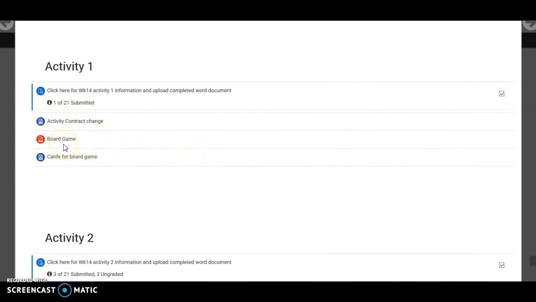The first activity is a board game, but in effect, if you have a look at the cards, what they are is a series of case studies. And you can write basically 2 or 3 examples. The way I wrote it, one is what an employer is proposing, and then what the union is saying, and then you find out and research whether the union was right or wrong, what some of the issues with the advice are, or even with the circumstances, even though the advice might be right.